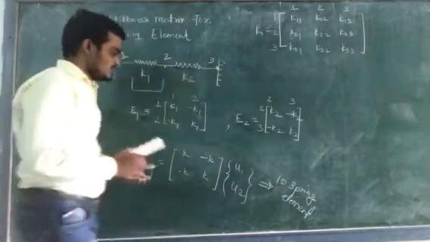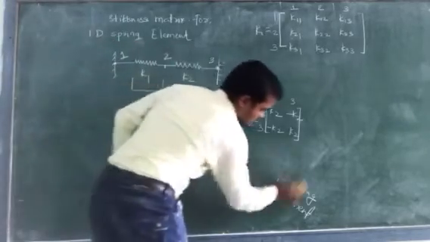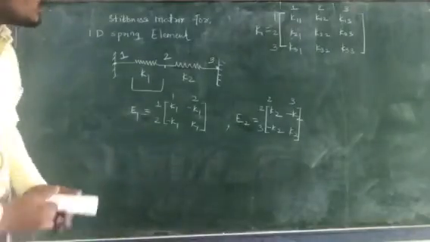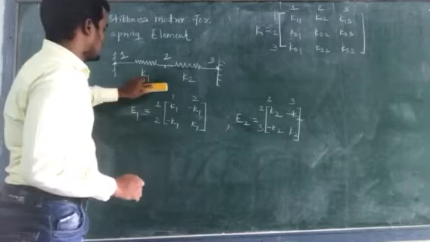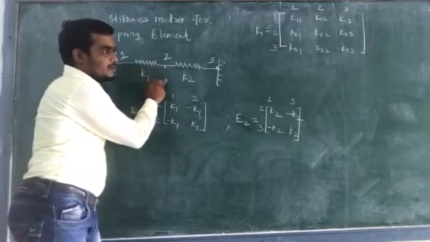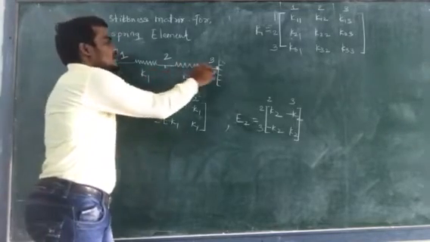Okay, so now the construction of the global stiffness matrix. Now see, your global stiffness matrix will be of order 3 by 3 because there are 3 nodes: 1, 2 and 3.